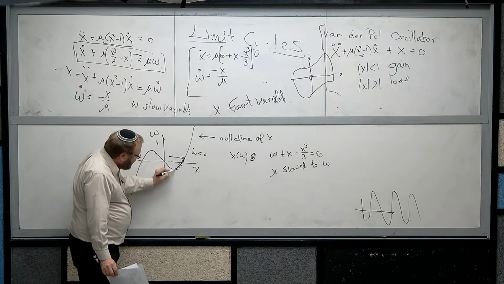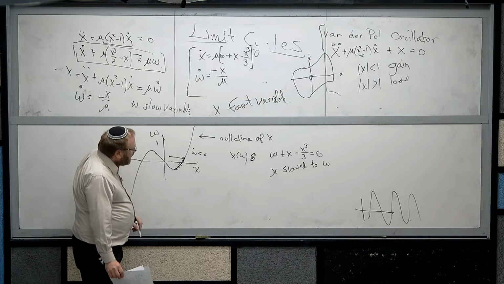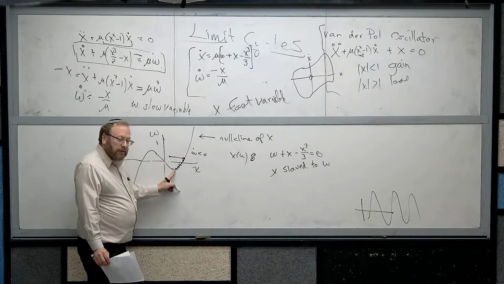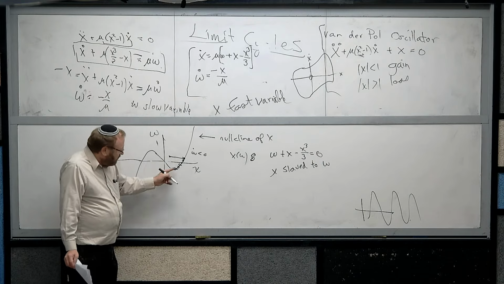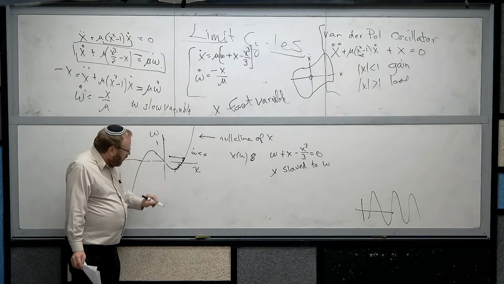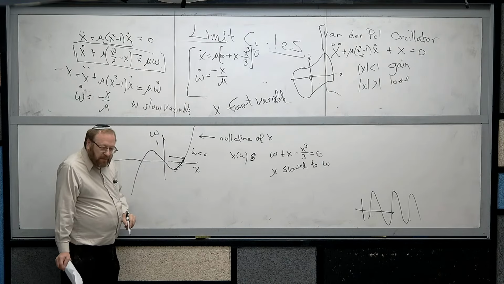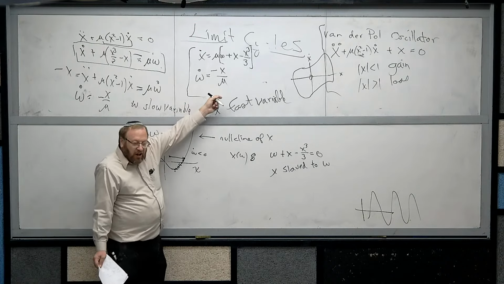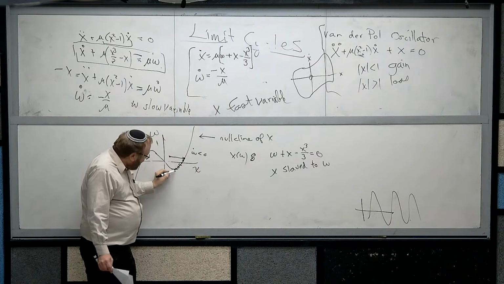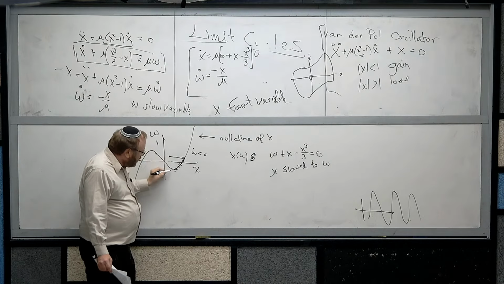And now what happens here? At this point, at the bottom here, omega dot is still negative, because x is still finite. X is whatever it is. Omega dot, and now you can't follow.